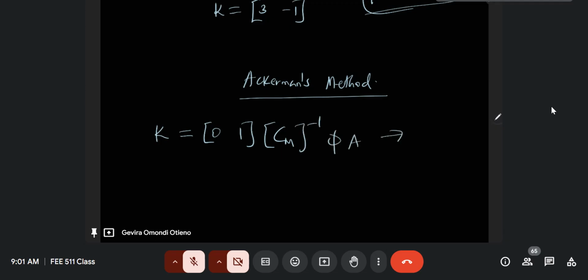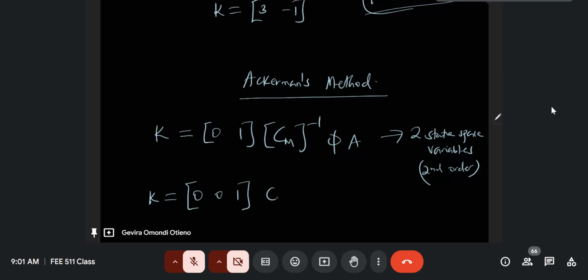This expression is for two state space variables, what we are calling second order. And K equals 0, 0, 1, CM, which is the controllability matrix, inverse, phi of A.